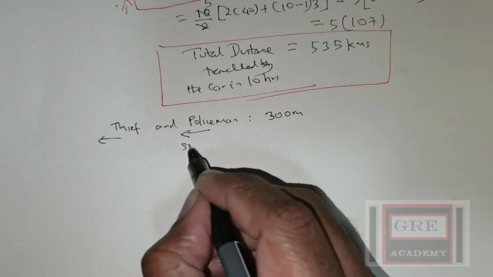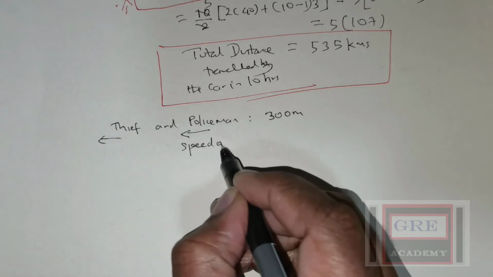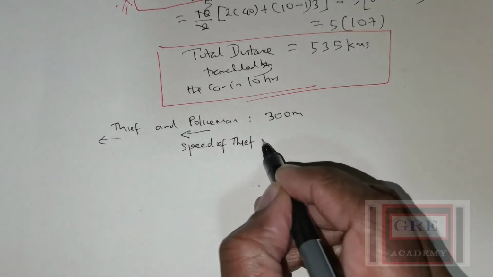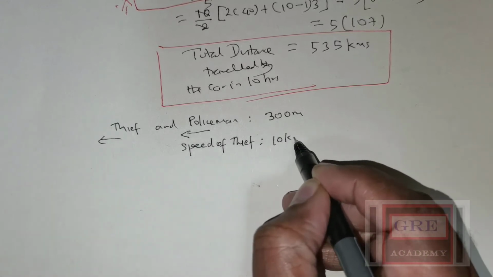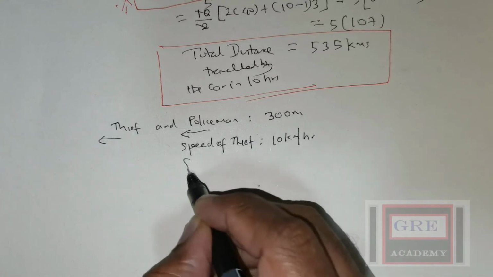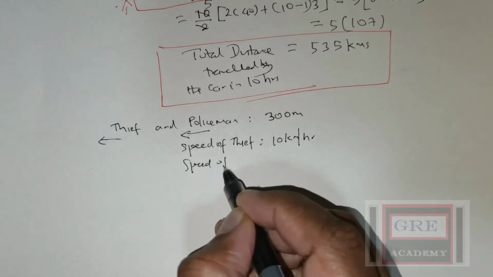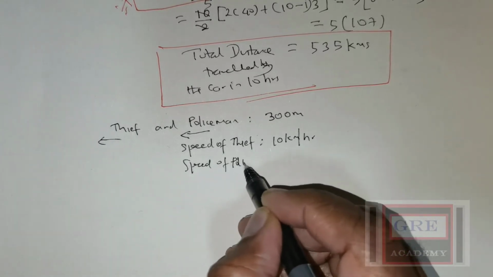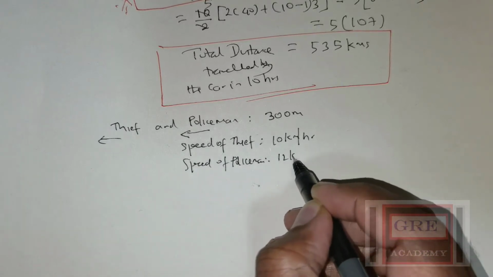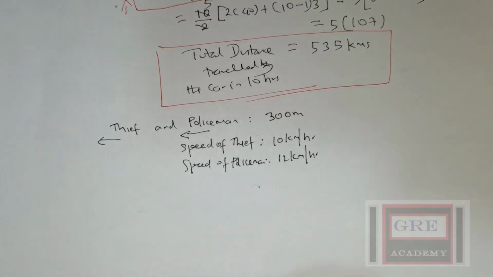Now the speed of the thief is 10 kilometers per hour, okay, and the speed of the policeman is 12 kilometers per hour. These two data are given.